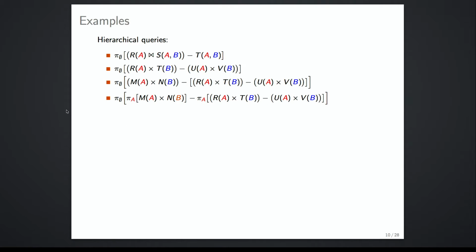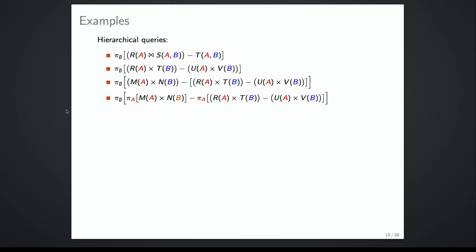As examples of hierarchical queries in our syntax, look at the first one. The first one joins R and S on A, and then takes a difference with T. But now the interesting thing is that A occurs in all the relational symbols, right? So we don't have the situation where R is only A, T is only B, and S has both.